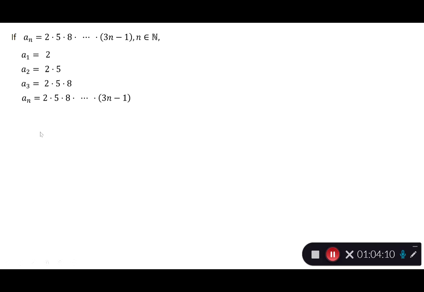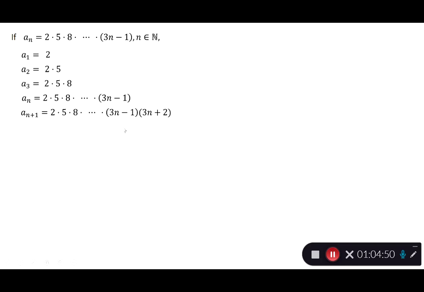So just quickly, to get a sub n plus 1, quickly write down all of these terms, 2 times 5 times 8 times 3n minus 1. But be sure to multiply this by an additional term. What should that additional term be? 3 more than this guy. Meaning, add 3 to this 3n minus 1. You get 3n minus 1 plus 3 is 3n plus 2. So guess what? A sub n plus 1 would be all of this, a sub n, times an additional term, which is 3 bigger than the last term that you had, 3n plus 2.